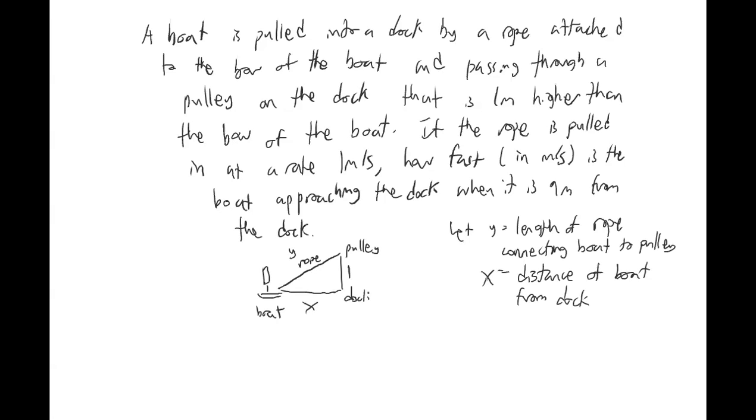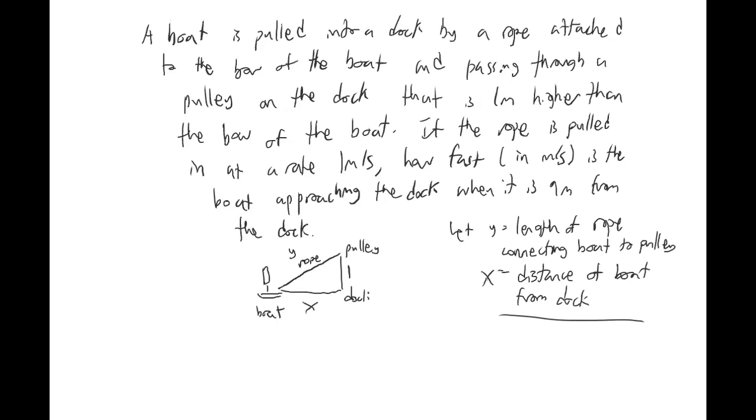So what do I know? What do I want to find here? How fast is the boat approaching the dock, right? So if X is the distance from the dock, we want X prime, right?